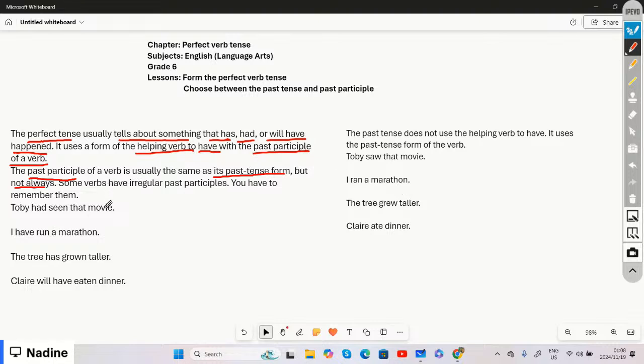And some of our verbs have irregular past participles.